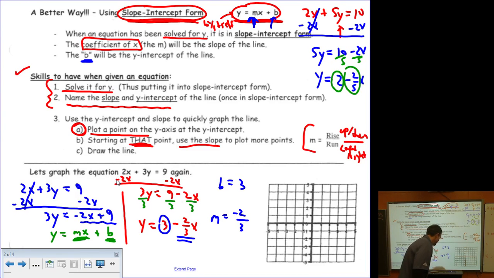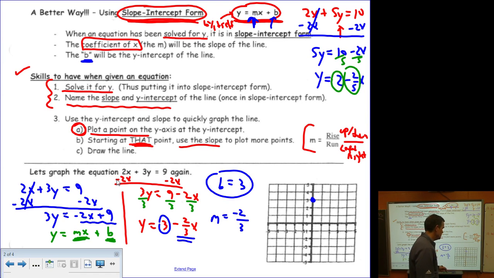So I am ready to go ahead and graph that line. Look, once you know those two numbers, graphing it is a snap. You start by putting a point at the y-intercept. This line crosses the y-axis at 3.